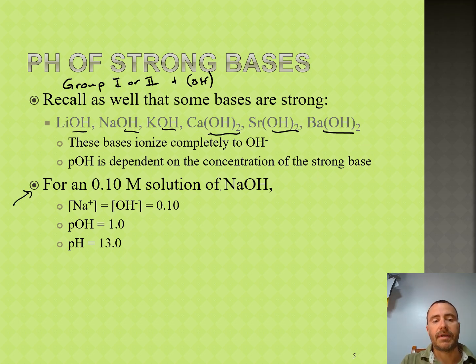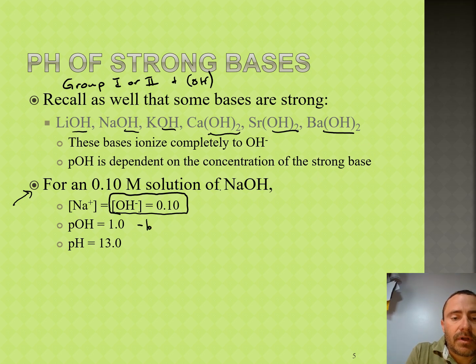If we wanted to then figure out the pOH and the pH of something here, notice that down here I've got, say, a 0.1 molar solution of NaOH, then we have 0.1 moles per liter of the OH, because it's completely ionizing. And so the pOH is the negative log of 0.1. That gives us 1.